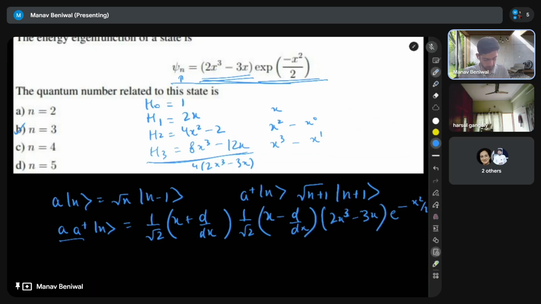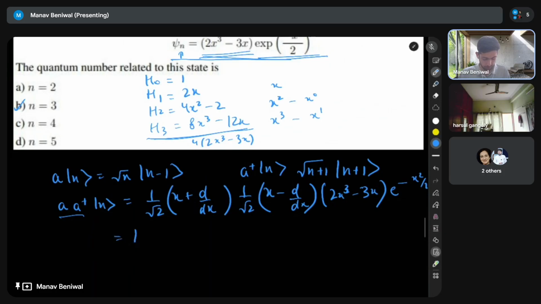First of all, this 1 by root 2 times 1 by root 2 will become 1 by 2, and then this will remain x minus d by dx. When we operate this on this function, we'll basically get two terms.